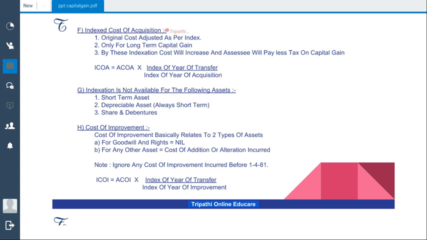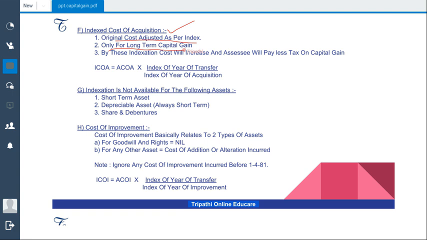Next, index cost of acquisition. So what is index cost of acquisition? In the case of index cost of acquisition, original cost is adjusted as per the index. Whatever is the cost inflation index, your original cost will be adjusted as per that particular index, only for long-term capital gain. Indexation is not available for short-term, because in case of a short-term asset, there won't be much difference in the inflation or the cost of your property.